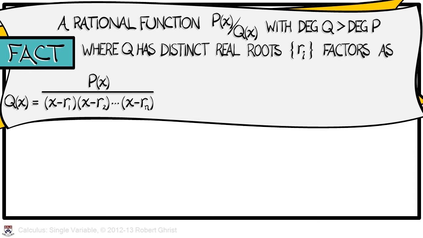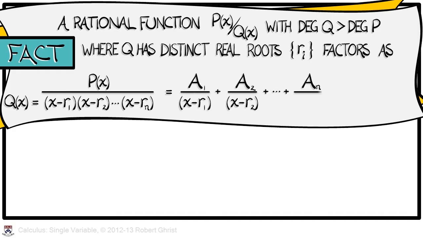Then this can be decomposed as a sum of constants, a_i, over the quantity x − r_i. This fact is something that we're going to take for granted.